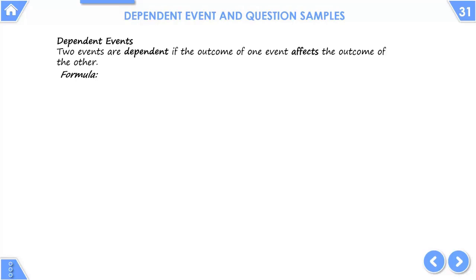Now let's look at dependent events. Dependent events are two events where the outcome of one affects the outcome of the other. Look at the formula.